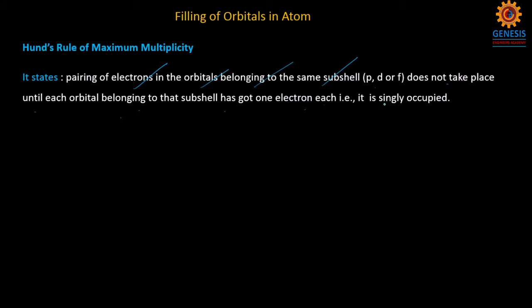As we discussed just now, p has 3 orbitals: px, py, pz. Suppose there are 3 electrons in the 2p orbitals.